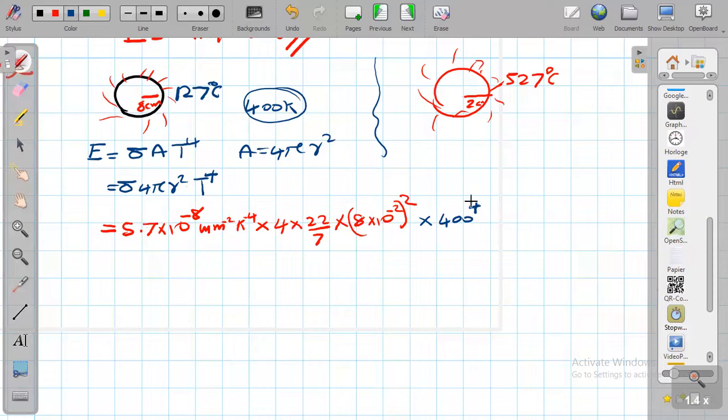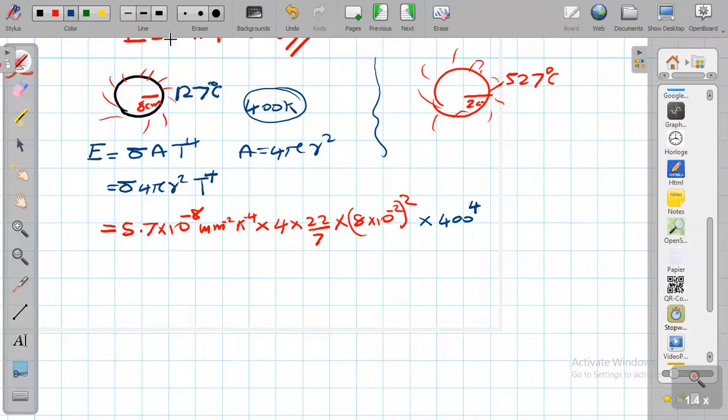Minus 8 into 4 times pi, 400 to the power 4.